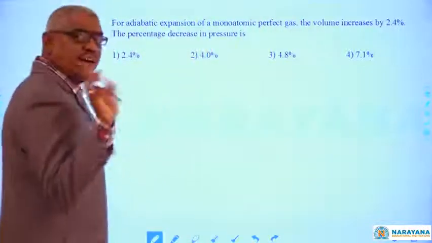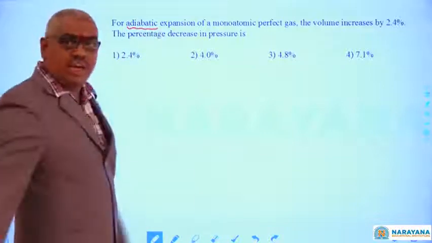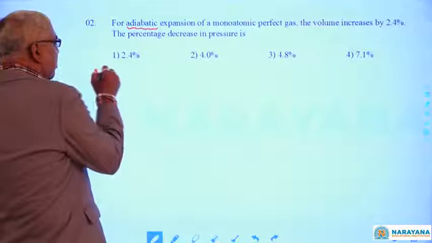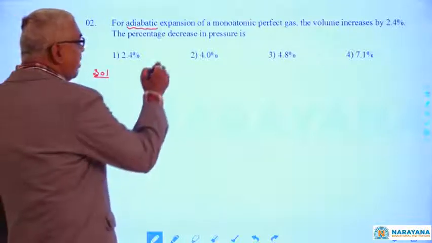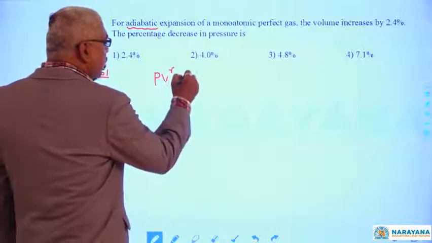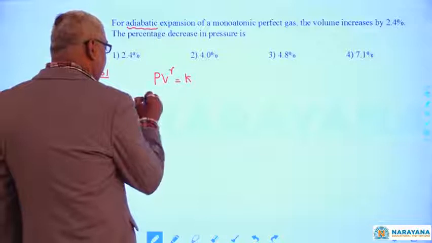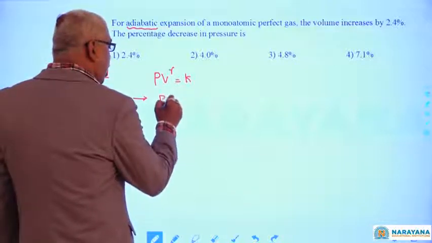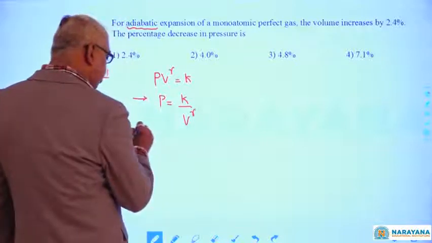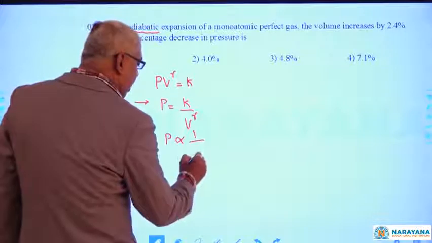Moreover, we are in the adiabatic process. The adiabatic process is governed by the equation PV to the power gamma equal to constant. Then P equals K by V to the power gamma, so P is proportional to 1 by V to the power gamma.